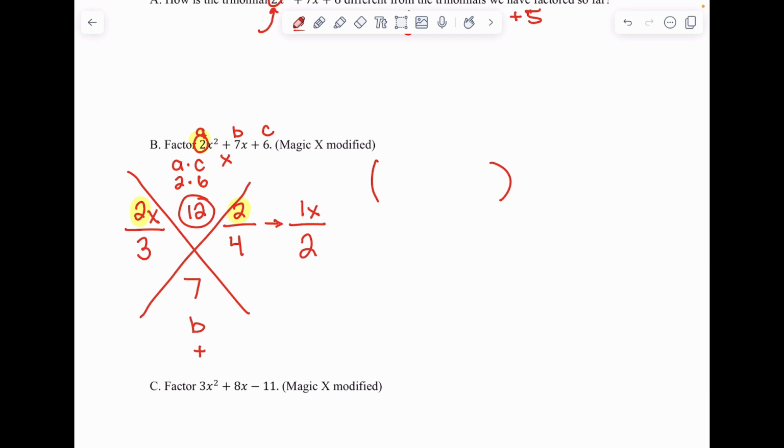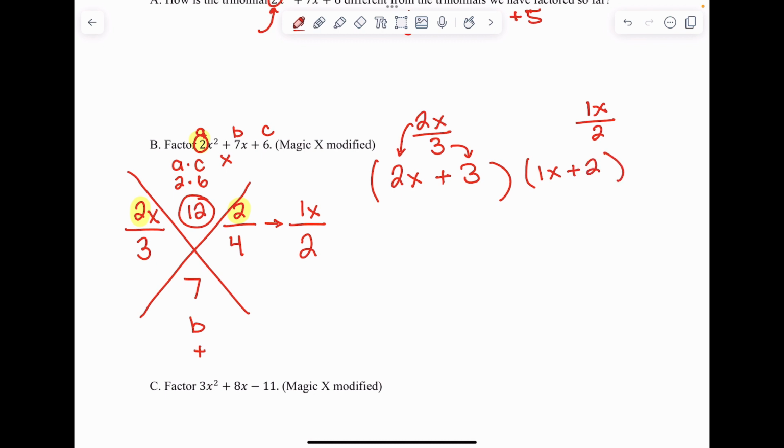So for example, 2x over 3 becomes 2x plus 3. I have 2x and 3. And my 1x over 2 becomes 1x plus 2. And those are my two binomials.